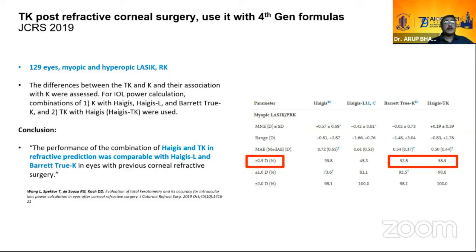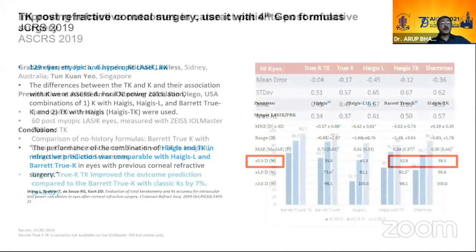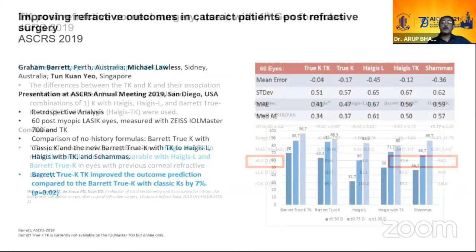Even in post-refractive IOL cataract surgery, if you consider plus minus 0.1, Barrett Universal 2 TK is giving you almost 92%, 92.5%, 93% accuracy within plus minus 1 diopter. I think this is a huge success of this formula.